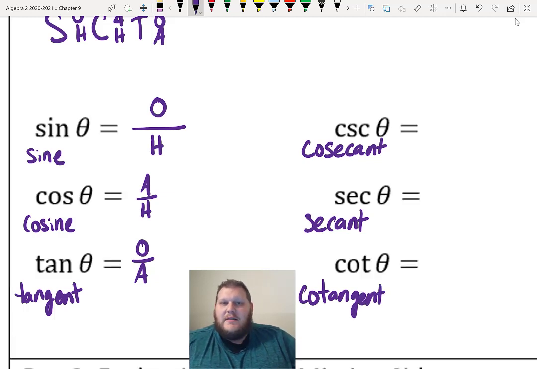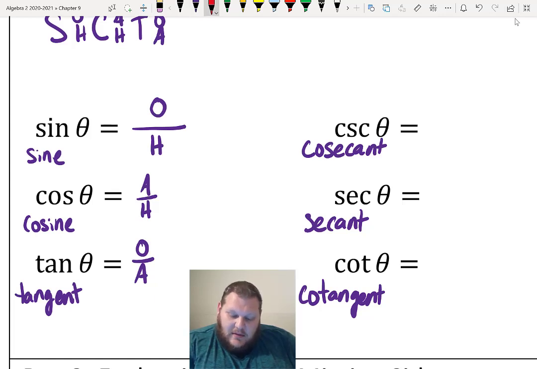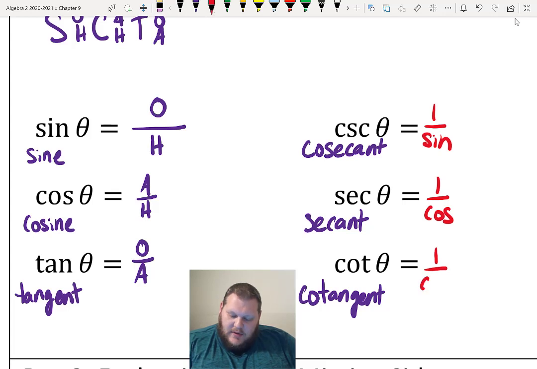So cosecant, secant, cotangent. The way they're paired is that cosecant is 1 over the sine of that same theta, secant is 1 over cosine, and cotangent is 1 over tan.